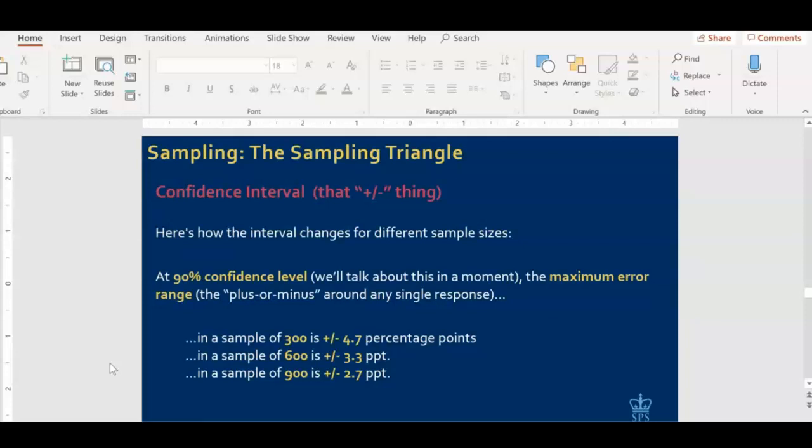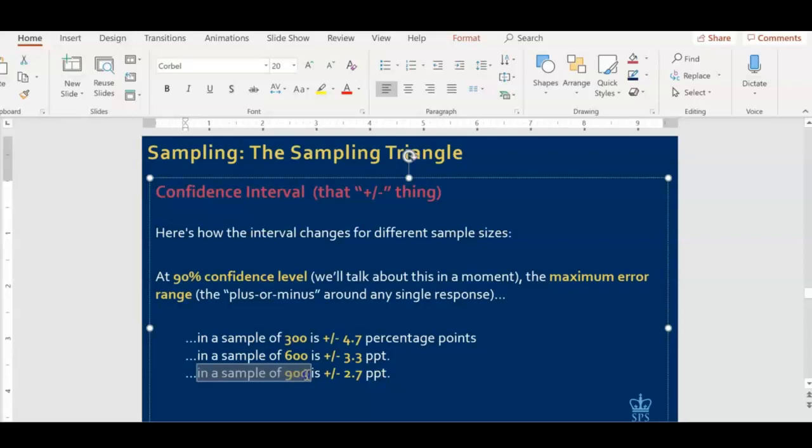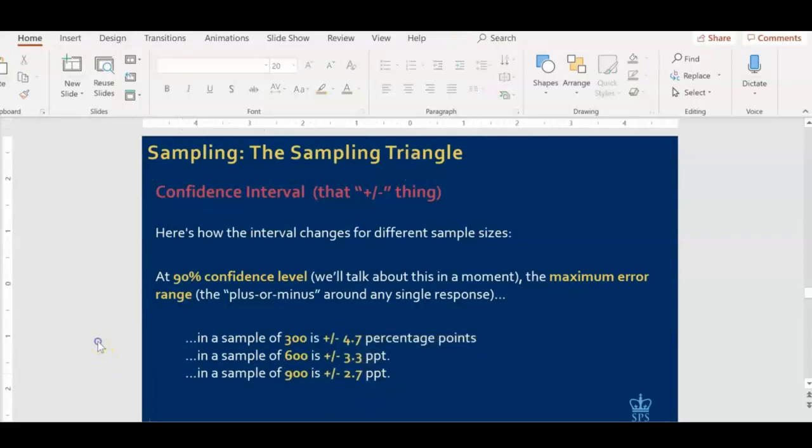That's simply because as you add more and more people, the error range is tighter and tighter because you're interviewing more and more people in your sample population. So if we wanted to sample all the way up to 900 consumers, our error range would go down to 2.7 percentage points.